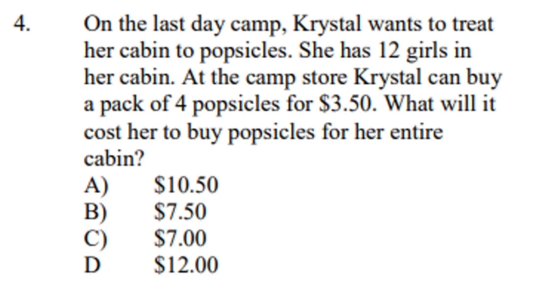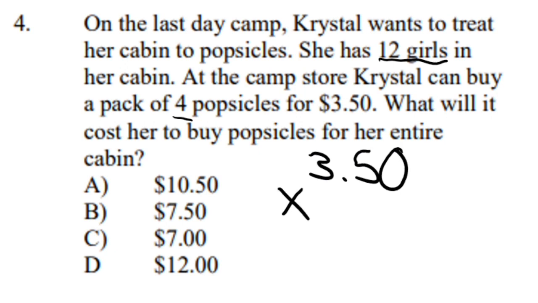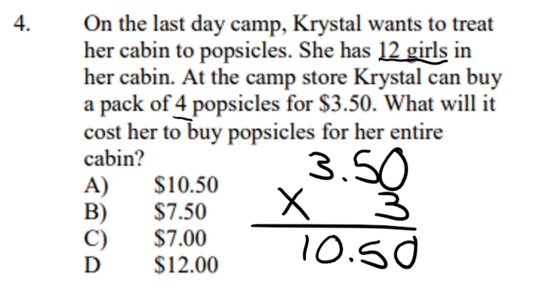Since there's 12 girls that she needs to buy popsicles for, and each pack of popsicles comes with 4, that means she would need to buy 3 packs of popsicles in order to have one for every girl. So we're going to multiply the cost for a pack of 4 times the number of packs that she needs to buy. $3.50 times 3 will be $10.50.